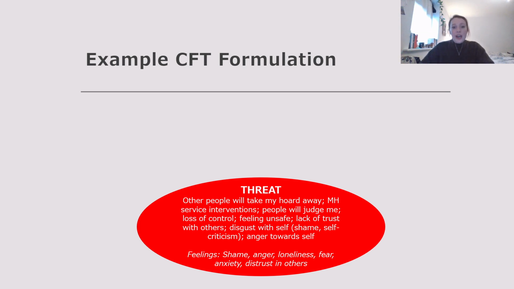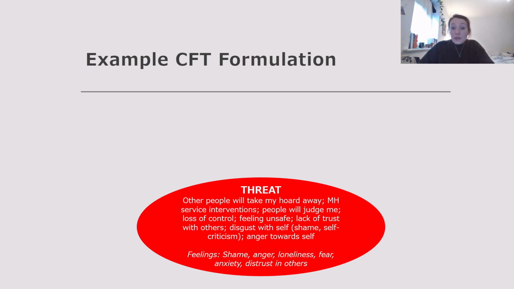Lots of the thoughts that she has: other people will take my hoard away, what a mental health service intervention is going to be like, because we did discuss that a lot of interventions for hoarding involve going through a lot of the hoard, getting rid of stuff, and that is very challenging. So that was something that made her very anxious. People will judge her. If any professional came into her home, she feels that they would judge her.